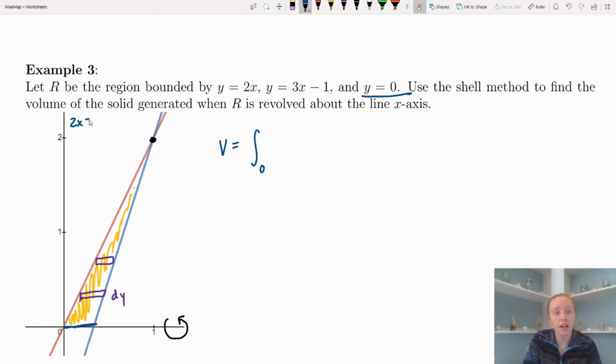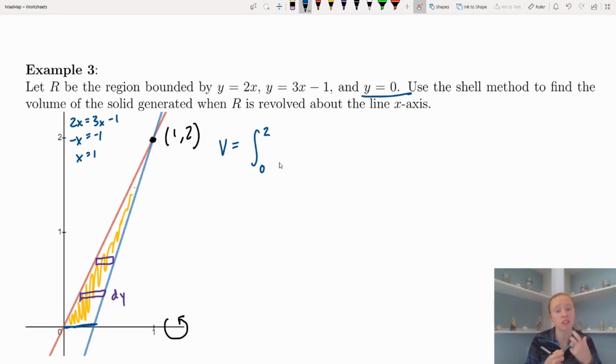So when does 2x equal 3x minus 1? If I subtract 3x, that's negative x equals a negative 1, which means that x equals a positive 1. So my intersection point in terms of x is 1, but I need that y value. So when I plug 1 in to either function, I'll get a y value of 2. So my upper bound for this integral is 2.